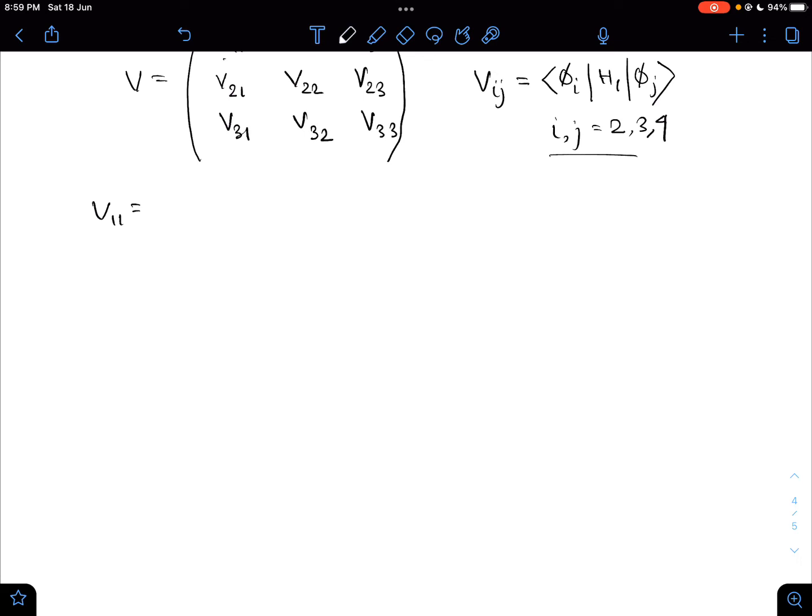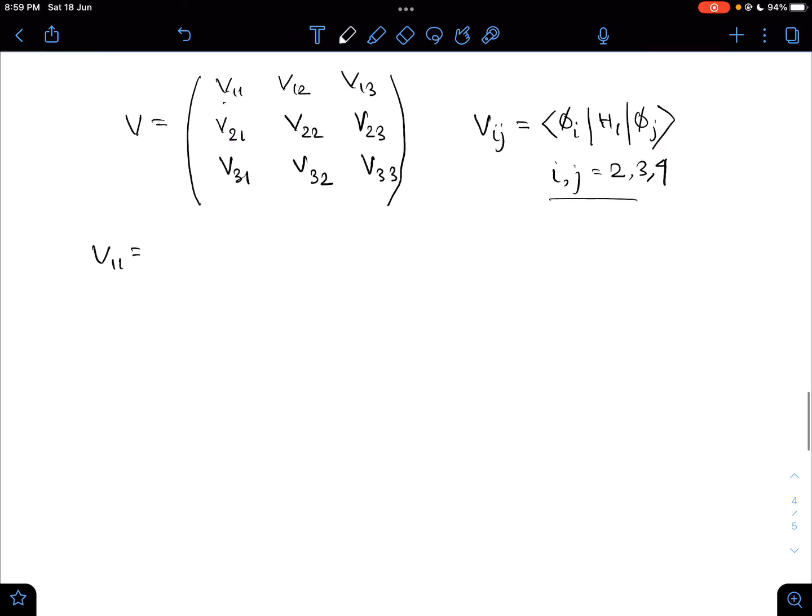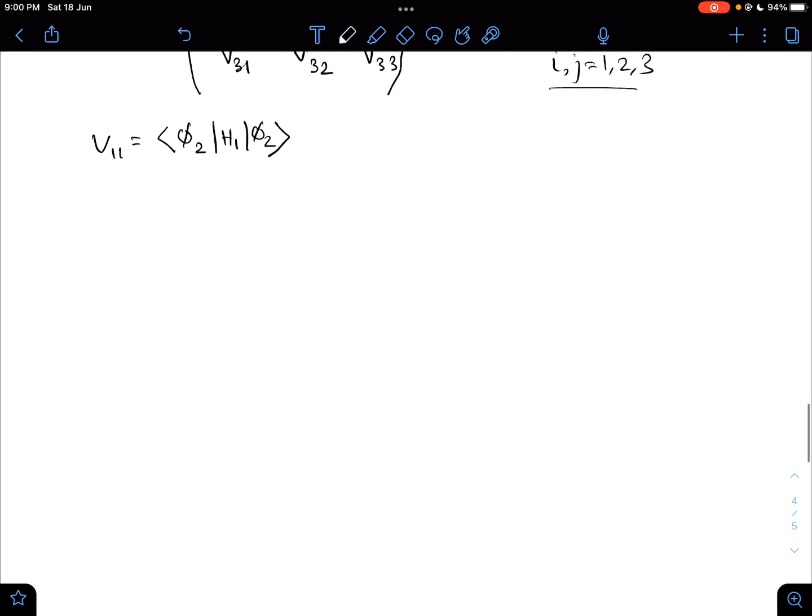So V11, here it should be i plus 1 and j plus 1, and i and j run from 1 to 3. Because for V11 we need to calculate phi 2 H1 phi 2. We have to find this. So let us proceed.